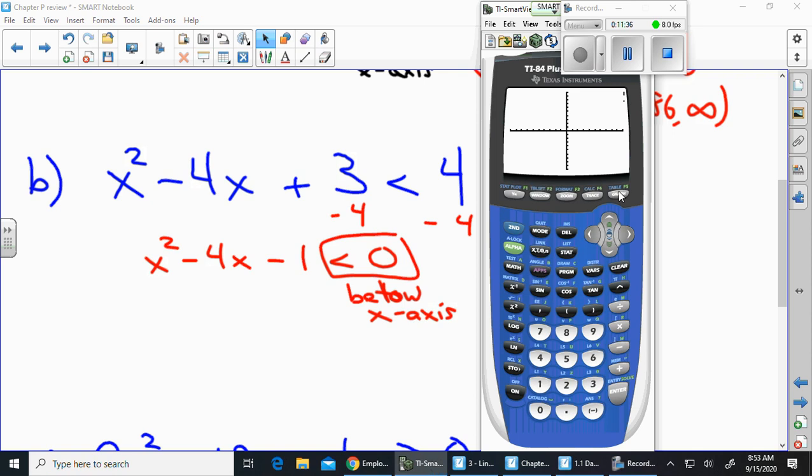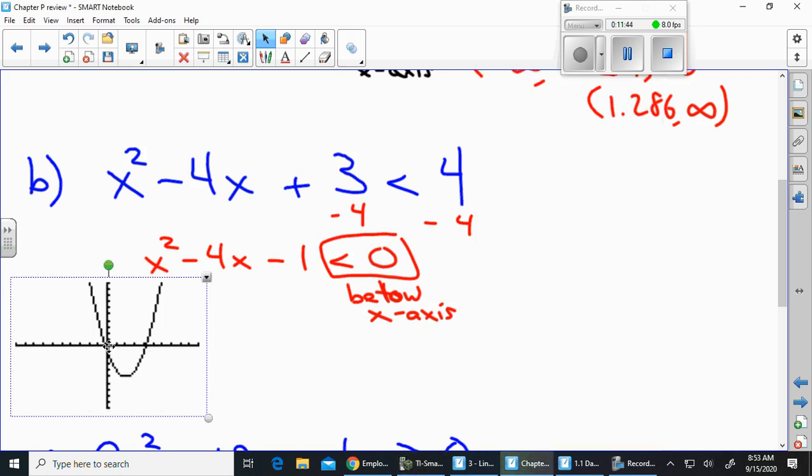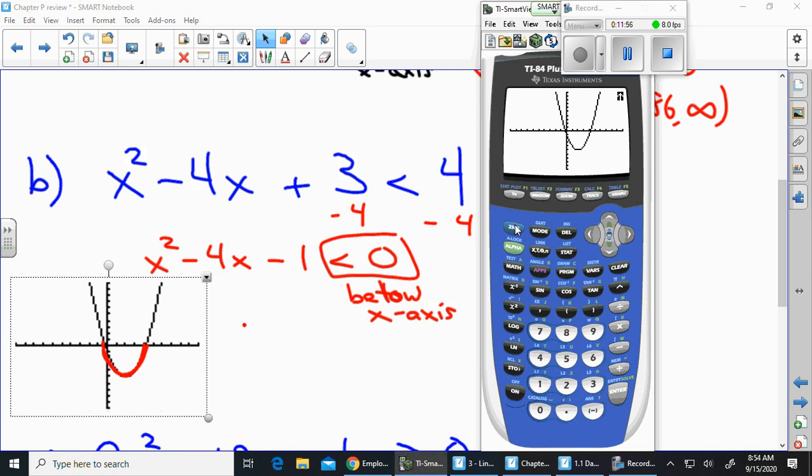I graph it. And if you think of this picture, where is it below the x-axis? There. Well, that's one part, one inequality. You find those zeros. Takes me a little bit longer.